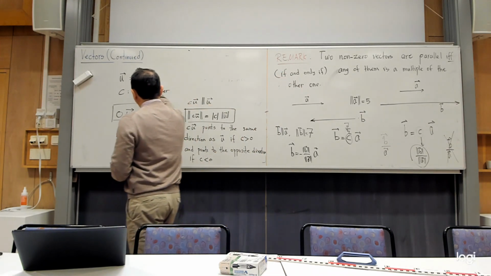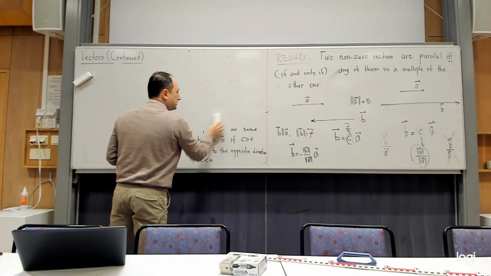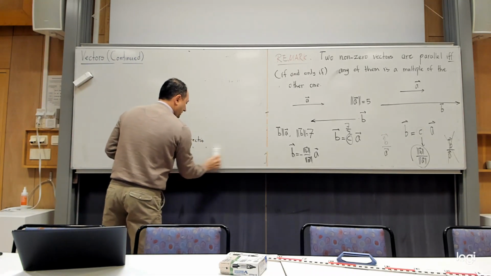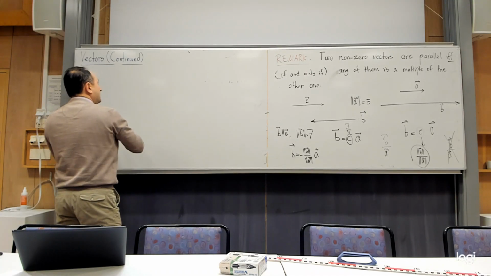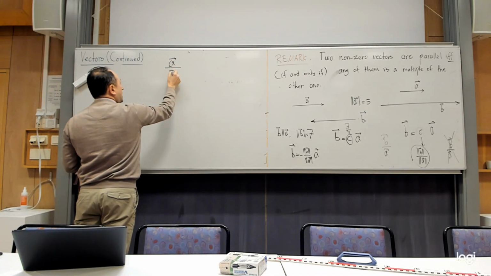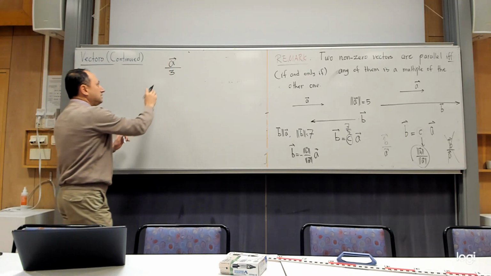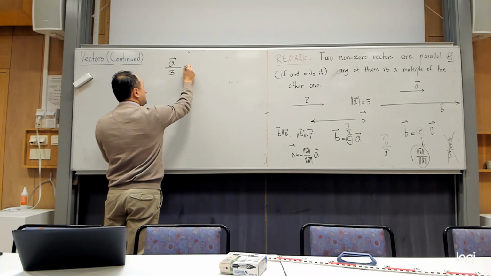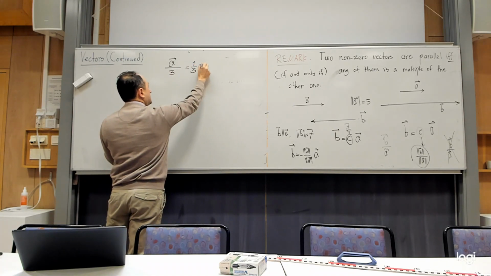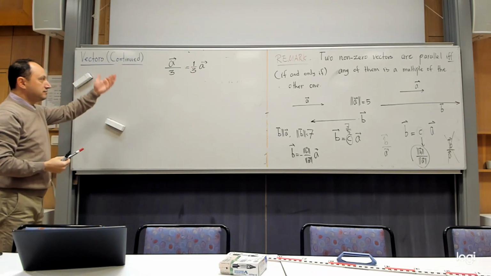Remember that. Another thing that I want to talk about is another example. Sometimes I have seen in the books they write this. I really want to avoid this, even though when they write this, they mean 1/3 multiplied by A. Because in vectors we don't define division.